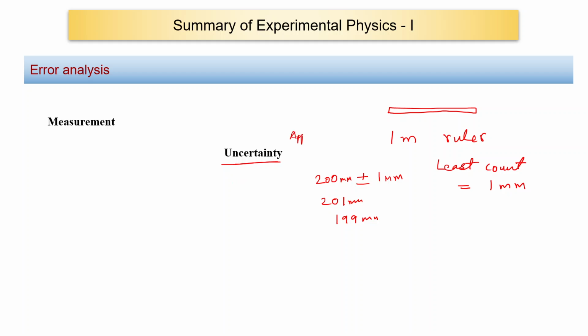I can tell that the value is 200, but it's not exactly 200 mm, and I'm not certain about it. It has an error of plus minus 1 mm, which we are getting from the least count of the instrument that we are using. We had discussed the screw gauge and vernier caliper in Experimental Physics 1. If you want to watch that, the videos are available.